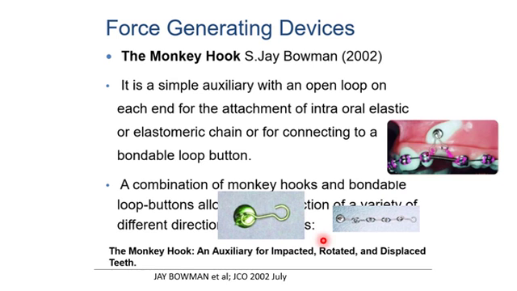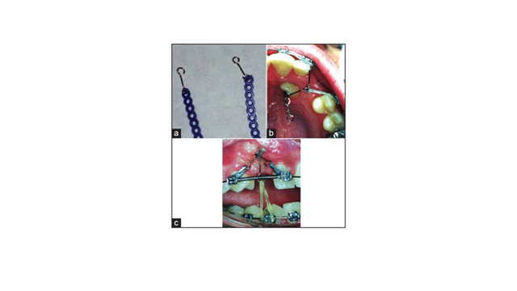Here is the monkey hook with chains, maybe a single hook, or a double hook, so we can apply different angulations. Here are three monkey hooks in different directions. We can apply them in different directions to move the canine to its side.